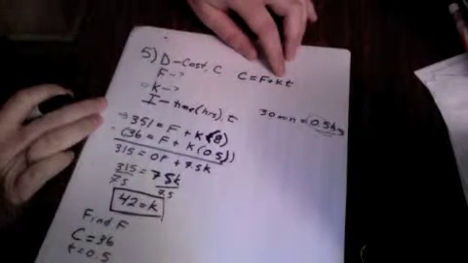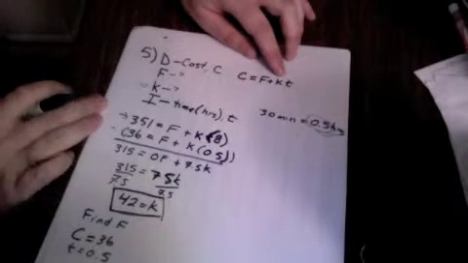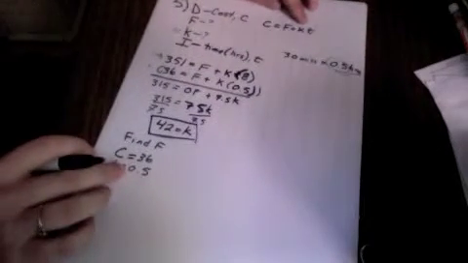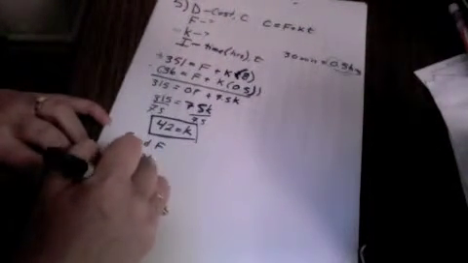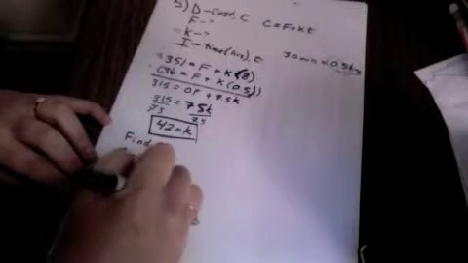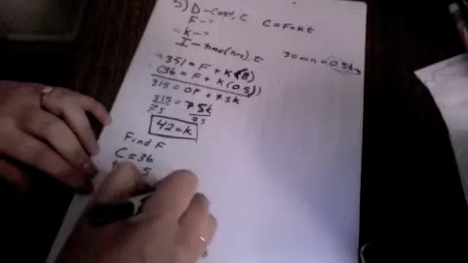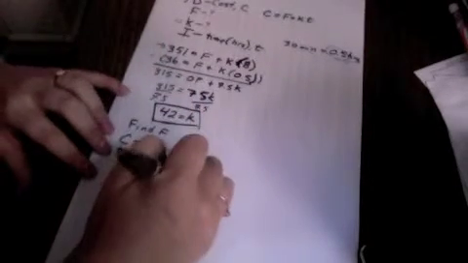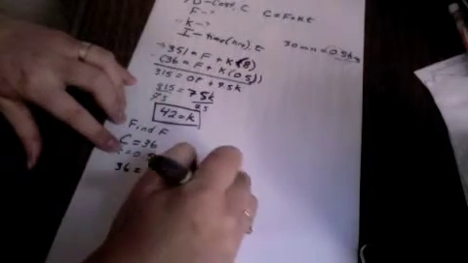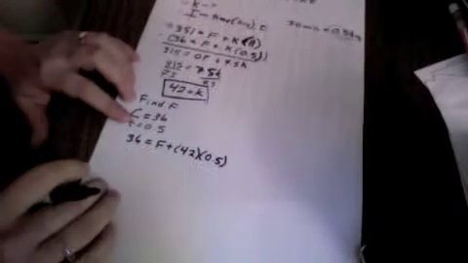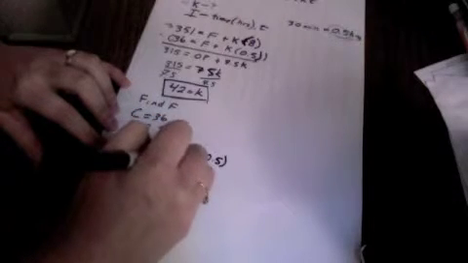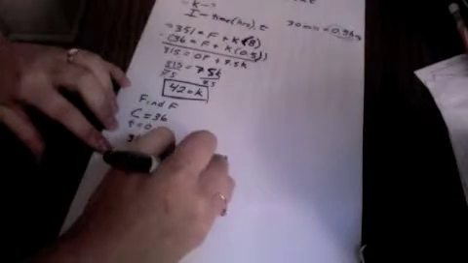We know what our K is now, so we can sub that in, but we'll only do that once we find our F. So we know that 36 equals F plus, it used to be K 0.5, but now we know our K value is 42, so let's sub that in. 42 times, and our T at this point is 0.5. 36 equals F plus 42 times 0.5, which is 21.